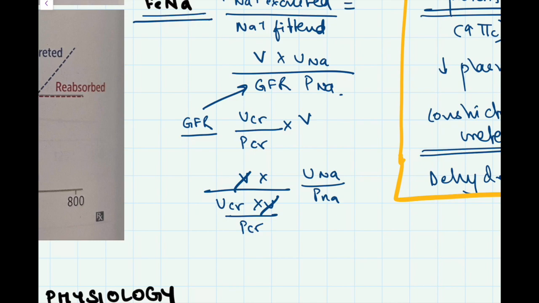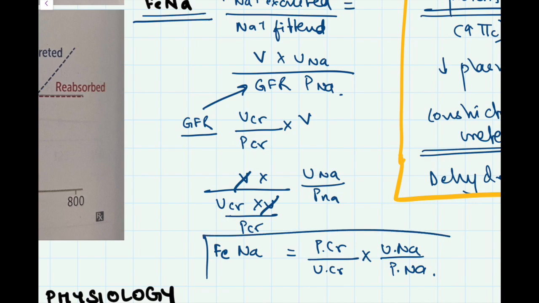Okay, we will cancel. So finally we have FeNa as P creatinine upon U creatinine multiplied by U sodium upon P sodium. Right, that's very easy. Another way to calculate the fractional excretion of sodium.